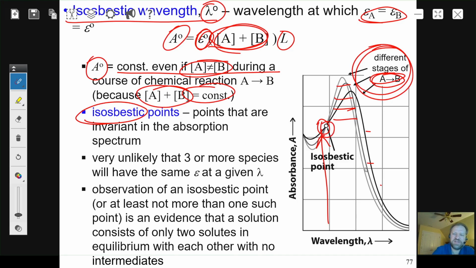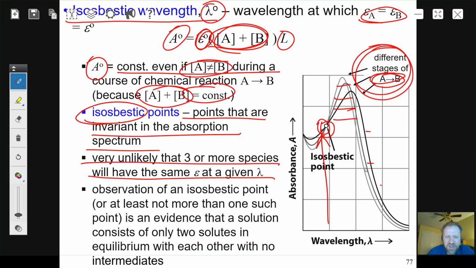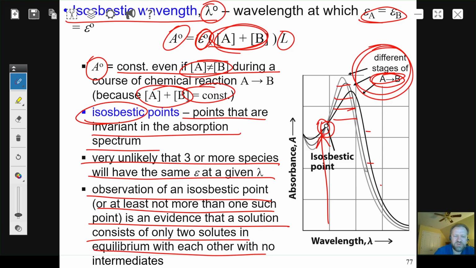But for that particular isosbestic point, which is a point that is invariant in the absorption spectrum, the total absorbance will stay the same. Now, it is very unlikely that 3 or more species will have the same molar absorption coefficient at a given wavelength, so observation of an isosbestic point, or at least not more than one such point, is evidence that a solution consists of only two solutes in equilibrium with each other with no intermediates.